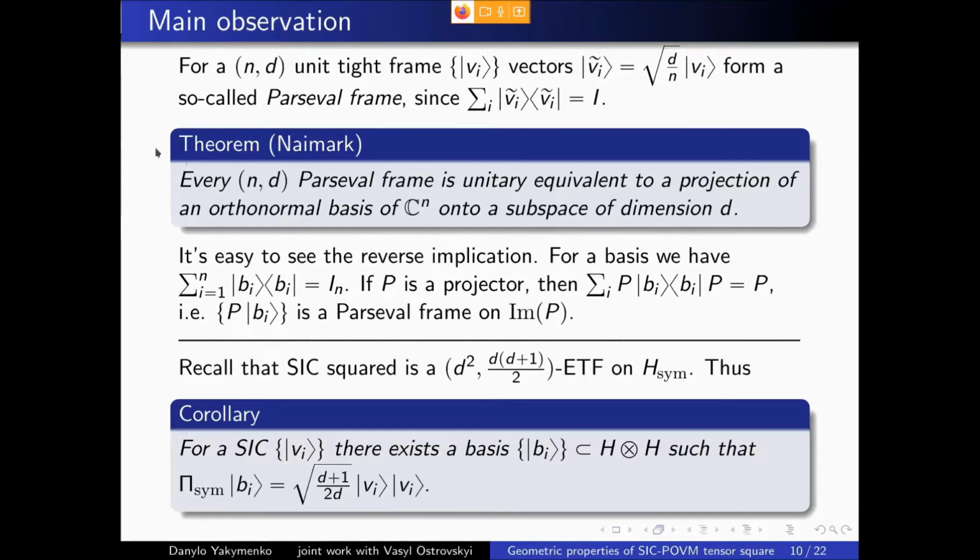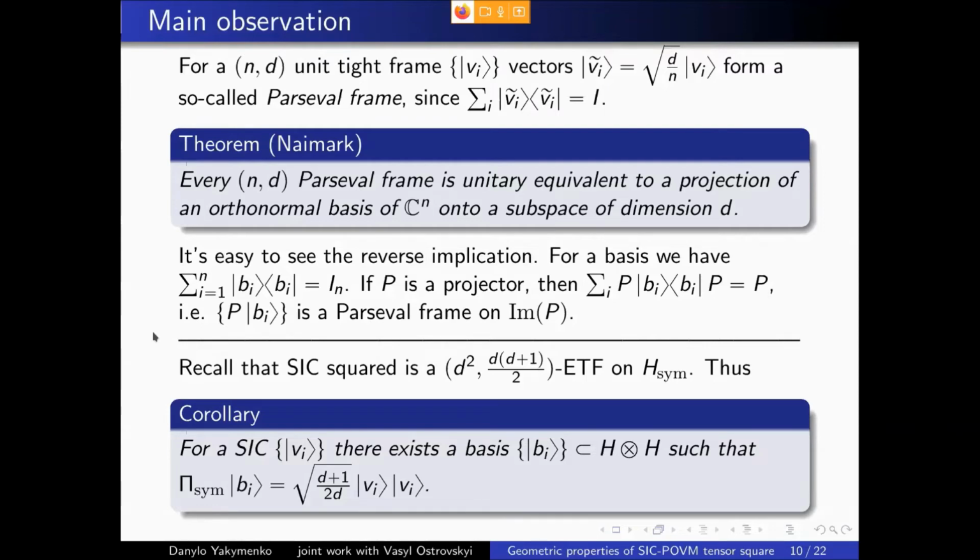It's easy to see this theorem in the reverse implication, because once we take a basis and take a projector, then when we project, we have this formula, and so the projection of a basis is clearly a Parseval frame on the image of a projector, right?